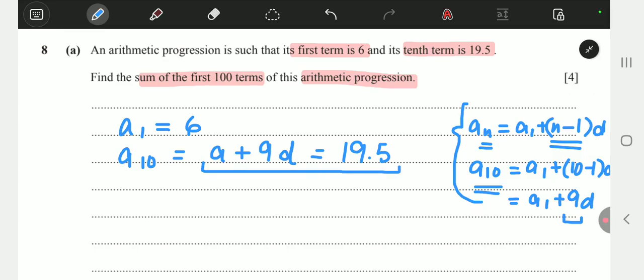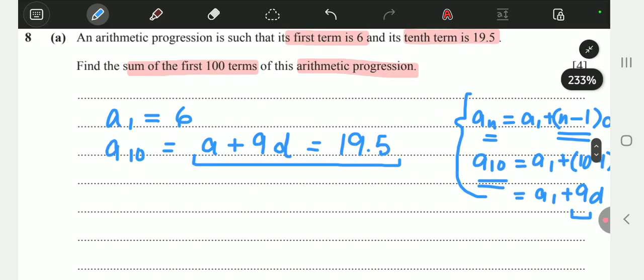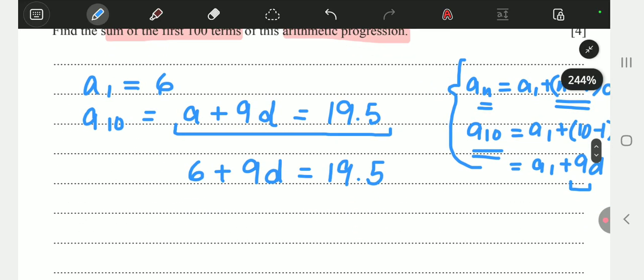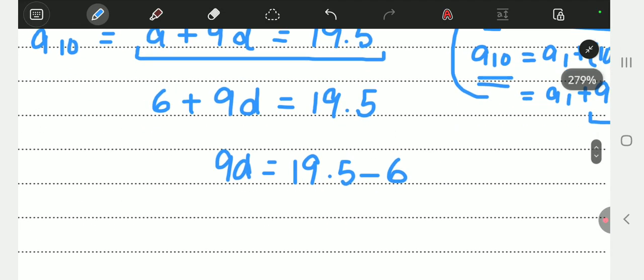Okay, so when we know a1, can we find out d from this expression? a1 is 6, so 6 plus 9 times d is 19.5. So 9d is 19.5 minus 6. What is it?